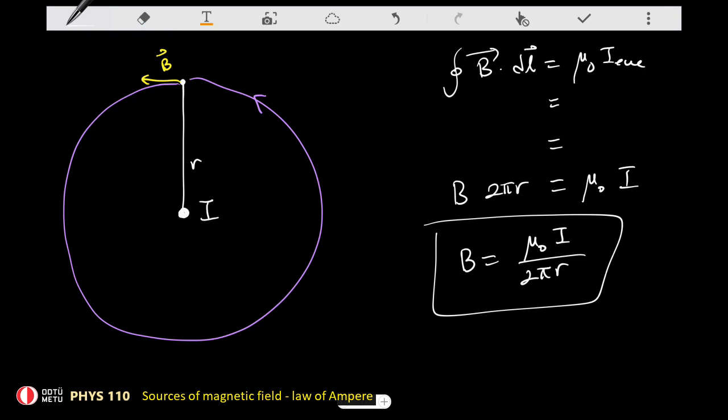So as a result, these two problems have the same solution. So it doesn't matter whether the wire is thin or thick, where the current density might be non-uniform as well. In all cases, the magnetic field outside has the same expression.